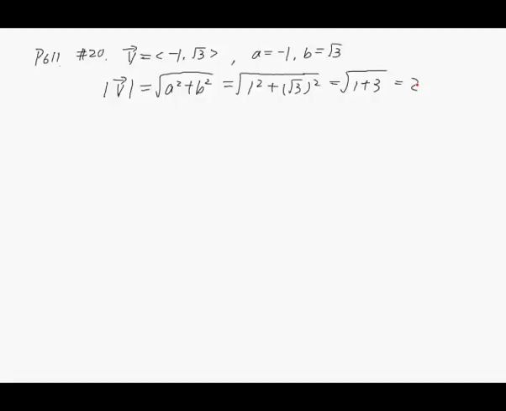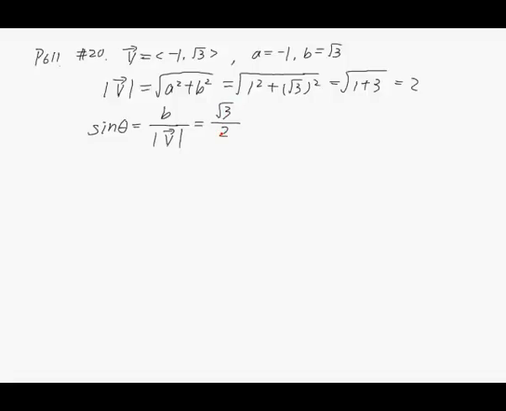So now we can get sine theta. Theta is the direction angle of this vector. So sine theta is equal to b over the magnitude of this vector, which is equal to the root of 3 over 2.